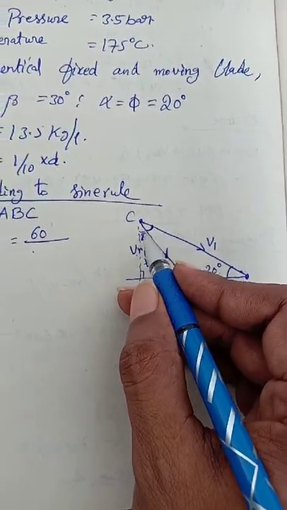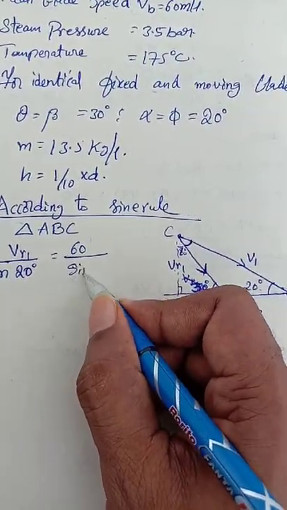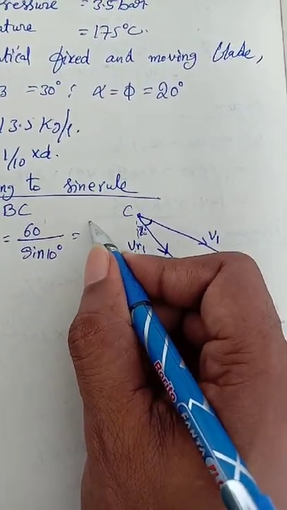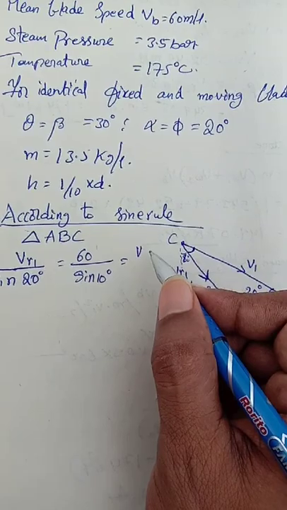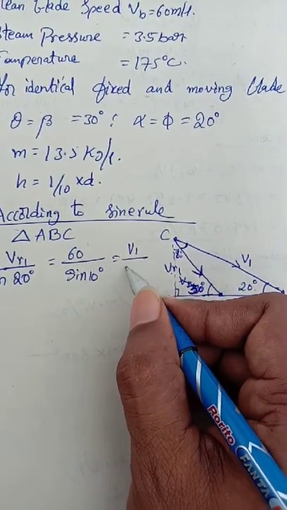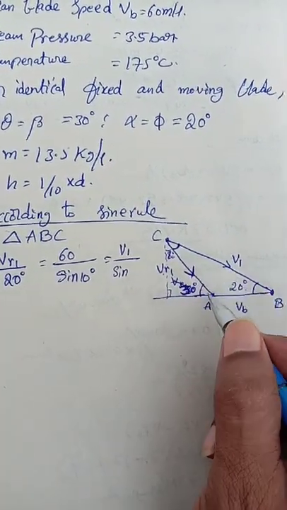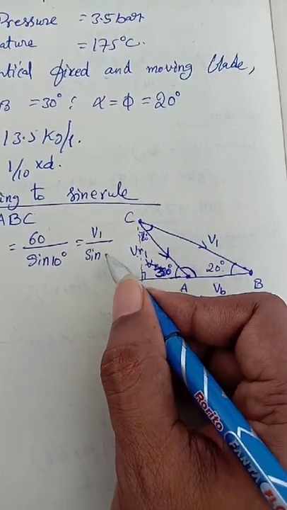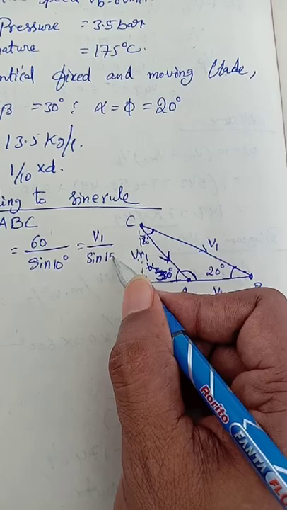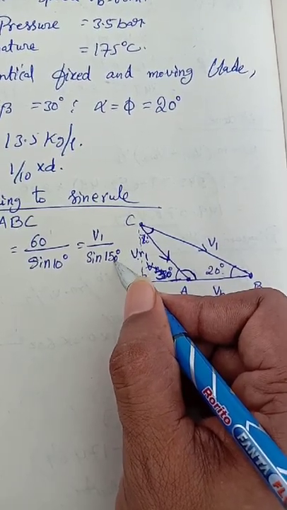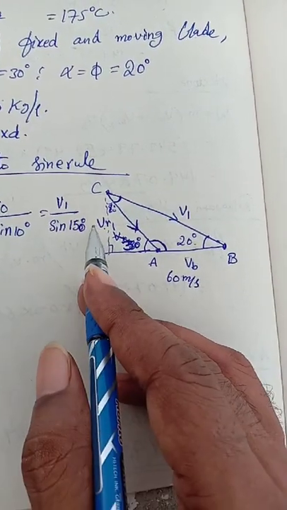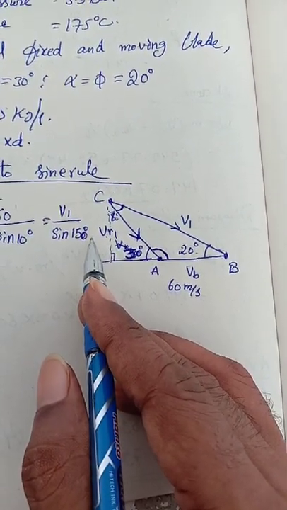You calculate this thing here, we will get sine 10 degrees. Okay, and similarly here V1 divided by, now this you can take this angle, opposite angle. Okay, that is coming from here 150 degrees.